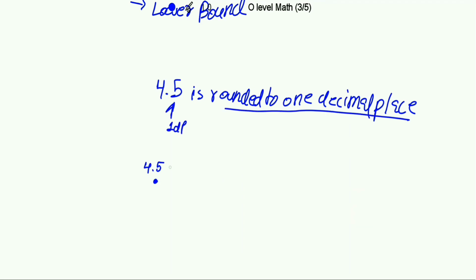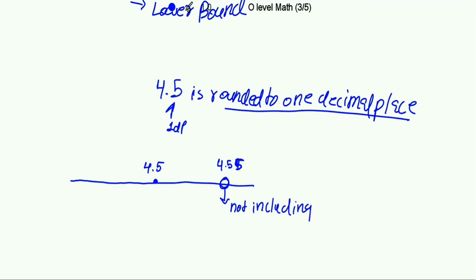Let's say that we have a number line. If the number was 4.54, you can just say 4.55. This means that a number not including 4.55 would be rounded down to 4.5.